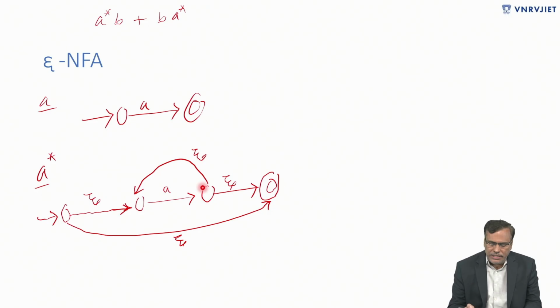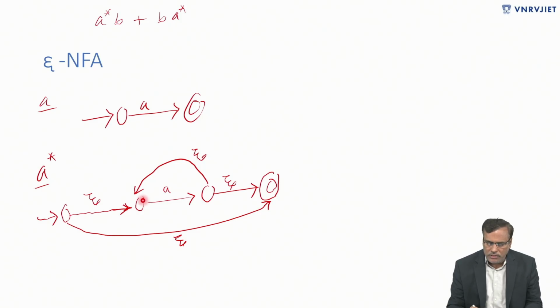But if you go this way, you are going to get one more A. As you have only one A, you can go this way. Epsilon concatenation A is A, and A concatenation epsilon is A itself. That is how this A is going to get accepted by this epsilon NFA. Suppose you have two A's, then it is processed as shown here: epsilon, A, epsilon, so you got A. For one more A, you make your traversal like this.